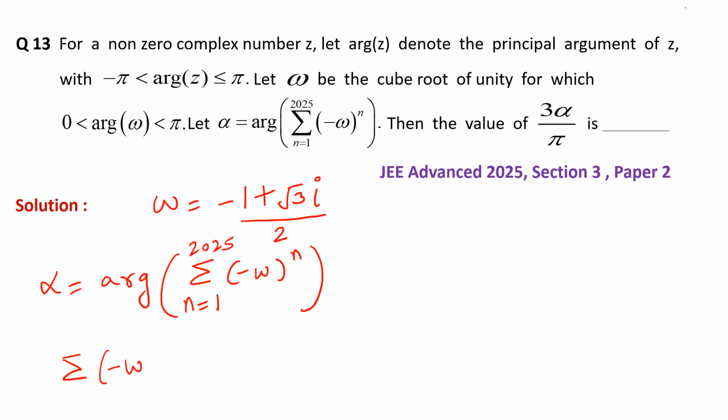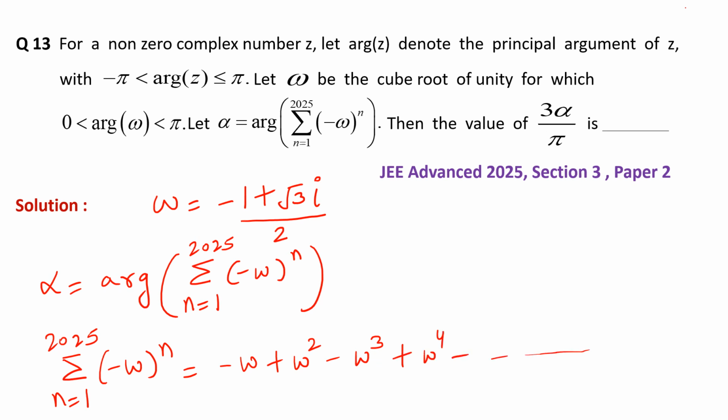It is equal to minus omega plus omega square minus omega cube plus omega to the power 4 and so on till minus omega to the power 2025. Clearly this is a geometric progression with first term minus omega and common ratio minus omega, and the total number of terms is 2025.